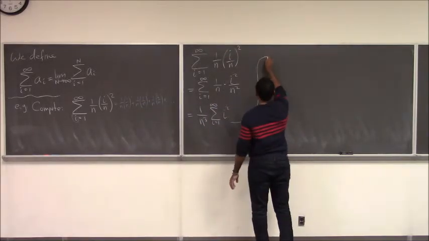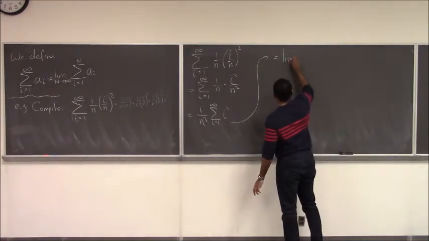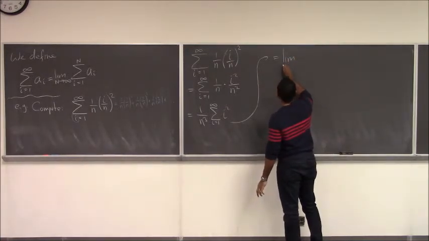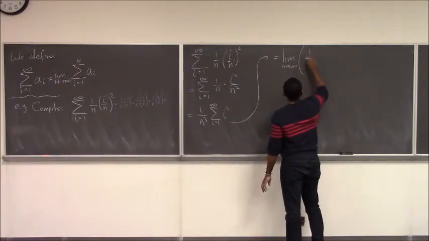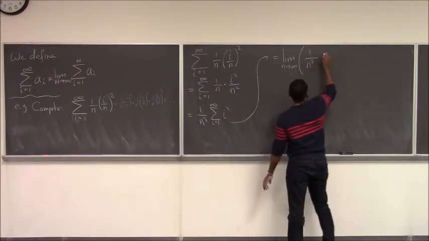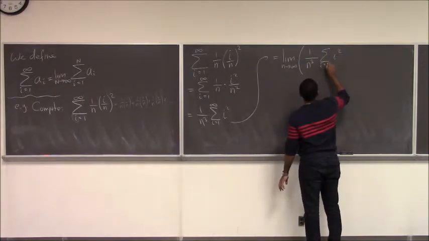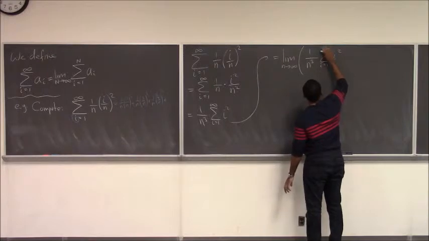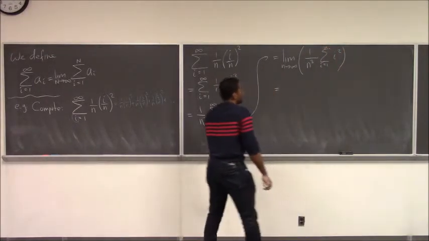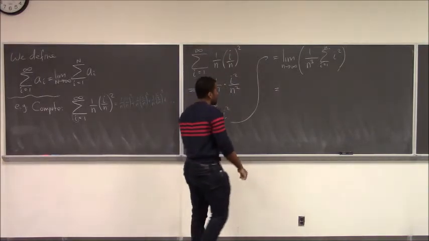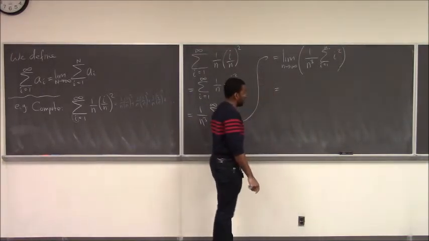Well, by our definition, this is going to be the limit of this guy. So I index it by n, and I'm going to let n go off to infinity.